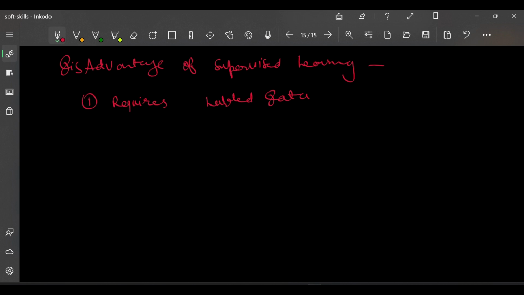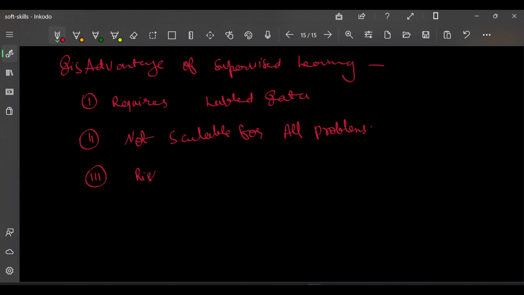The second disadvantage is that it is not scalable for all problems. The third disadvantage is risk of overfitting.